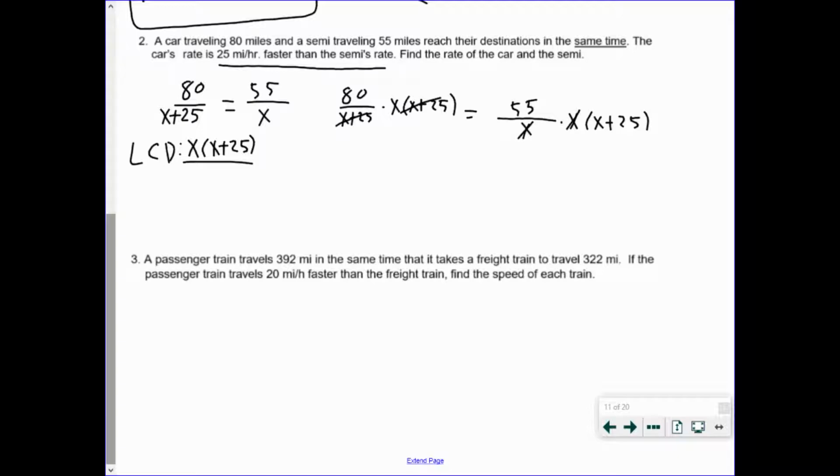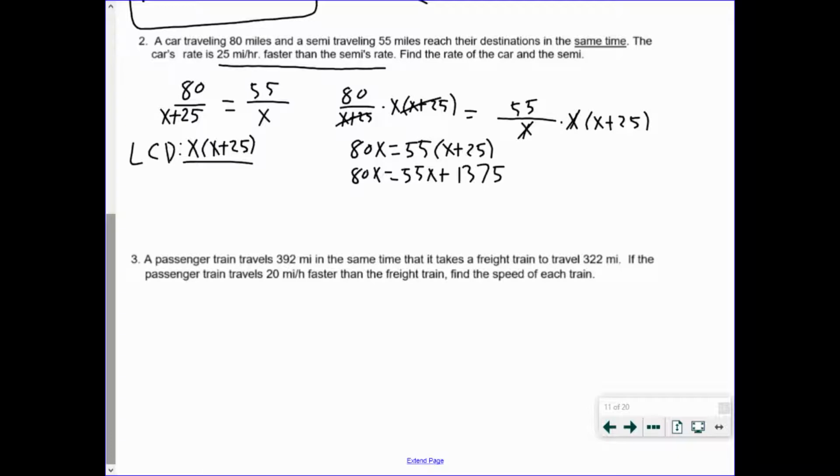The x cancels out. And we're left with 80x equals 55 times x plus 25. We're going to distribute out that 55, and we get 55x. And 55 times 25 gives us, let me double check, 1375.